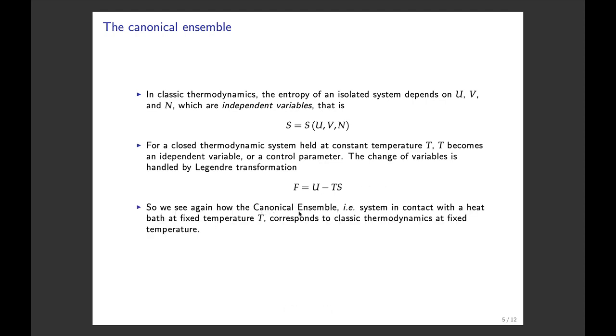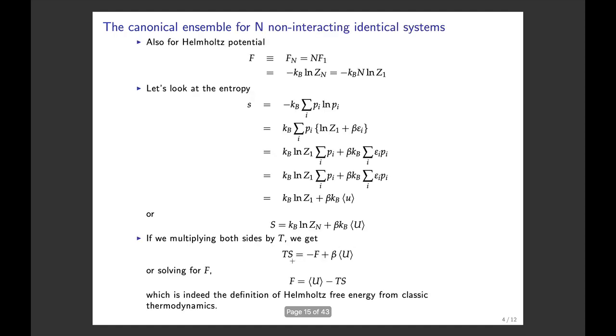So we see again how this canonical ensemble, that is a system in contact with a heat bath at fixed temperature T, corresponds to classic thermodynamics at fixed temperature, right? So from the statistical approach, we had this. And the idea is when N gets very, very large, we don't have to worry that this is a mean value.